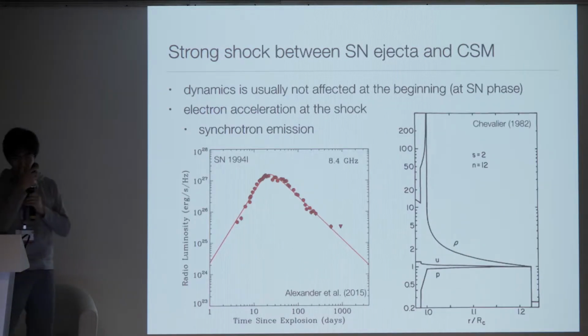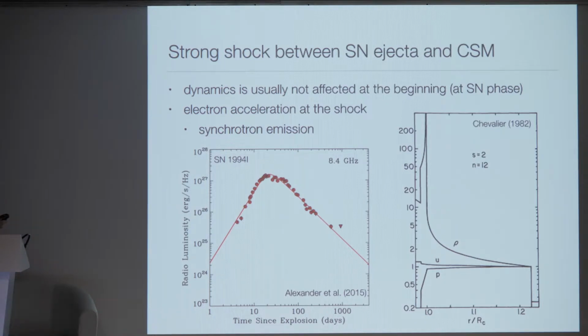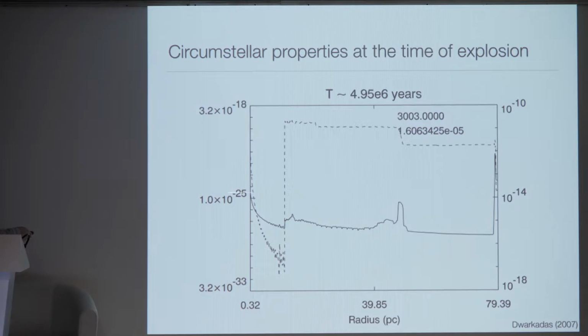What's the effect we expect from such circumstellar matter? Basically, these masses are quite small, especially just near the progenitor where we observe as supernovae.